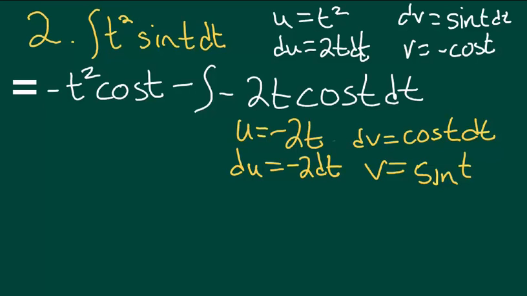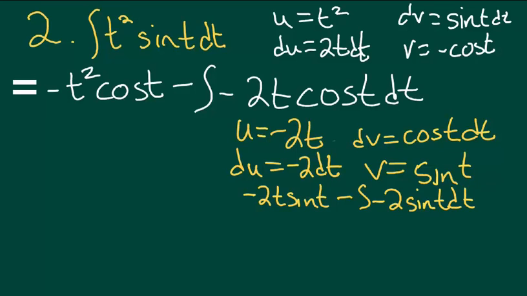So this right here is going to take us to uv minus the integral of v du, which is negative 2t times the sine of t minus the integral of negative 2 times the sine of t dt.